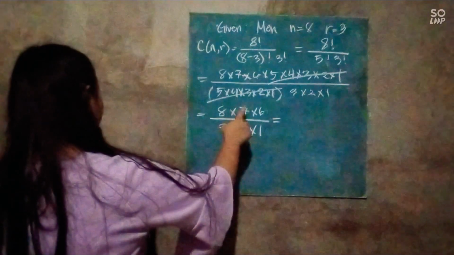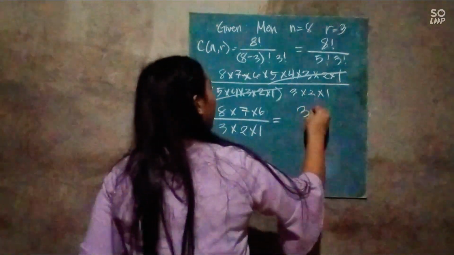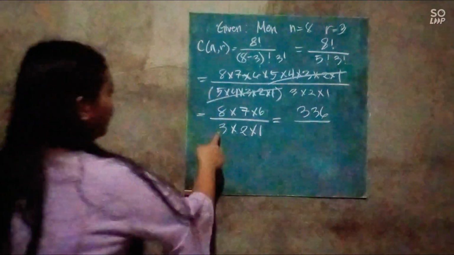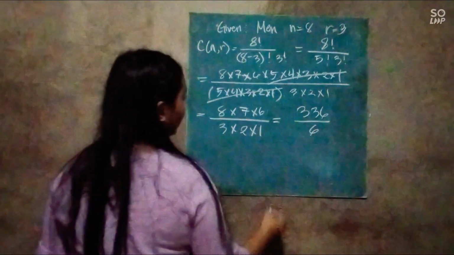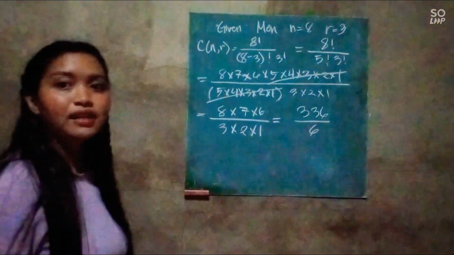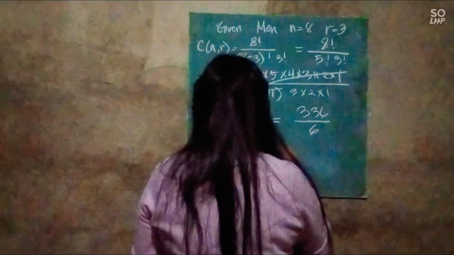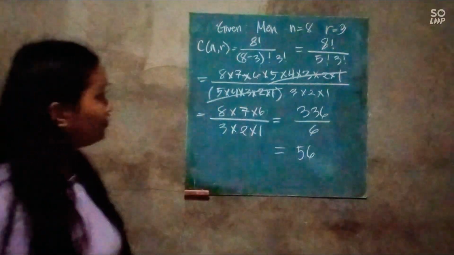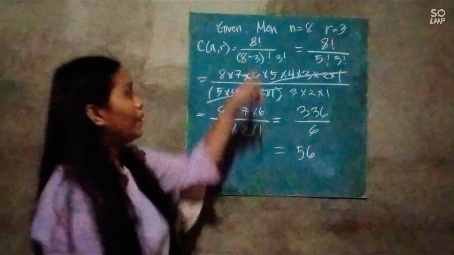So 8 times 7 times 6 is equal to 336. All over 3 times 2 times 1 is equal to 6. So 336 divided by 6 is equal to 56. Therefore, there are 56 ways in men.